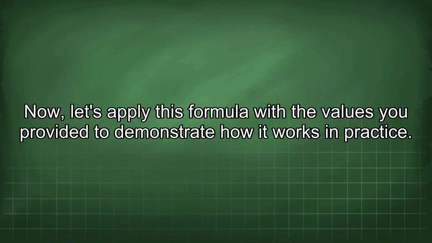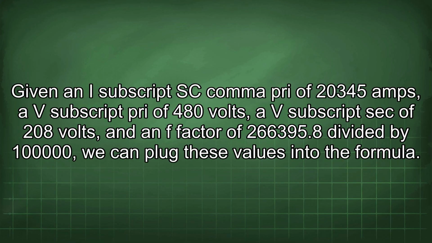Now let's apply this formula with the values you provided to demonstrate how it works in practice. Given an I_SC,pri of 20,345 amps, a V_pri of 480 volts, a V_sec of 208 volts, and an F factor of 266,395.8 divided by 100,000, we can plug these values into the formula.